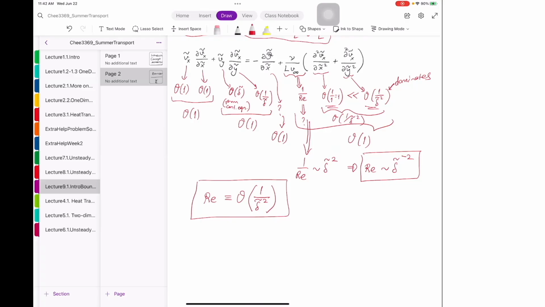And if you have a relation between Reynolds number and delta tilde not aligned with this one, then you're going to see very large discrepancies and inconsistencies in this formula.